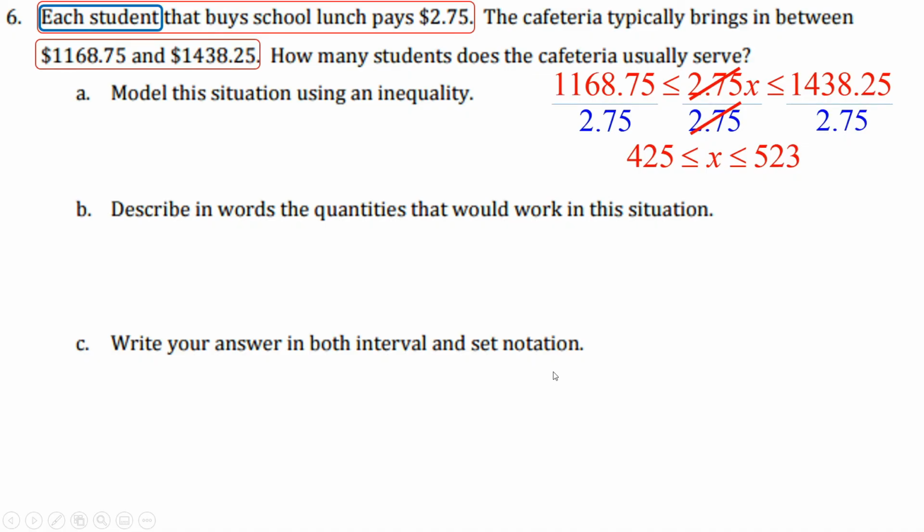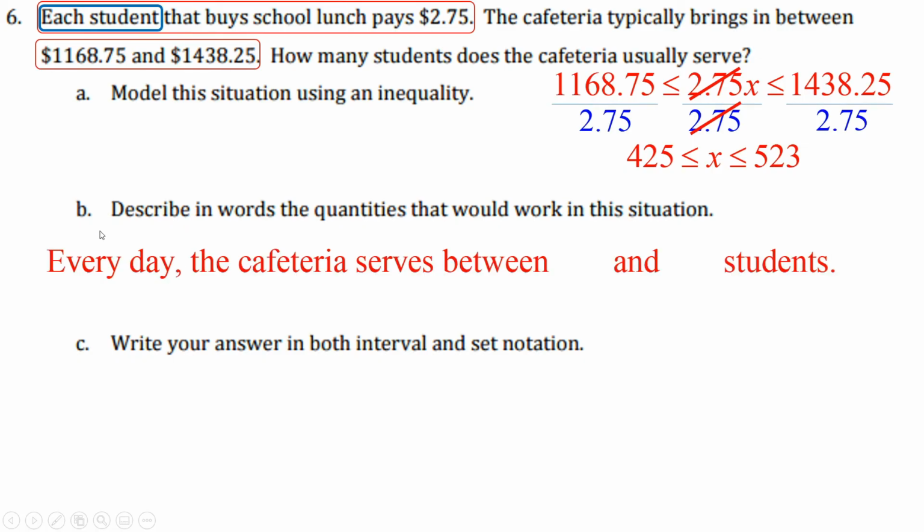Every day between 425 and 523 students inclusive are being served lunch at this school. Wow. Then B, describe in words the quantities that would work in this situation. Hey, we just did that. Every day the cafeteria serves between 425 and 523 students.